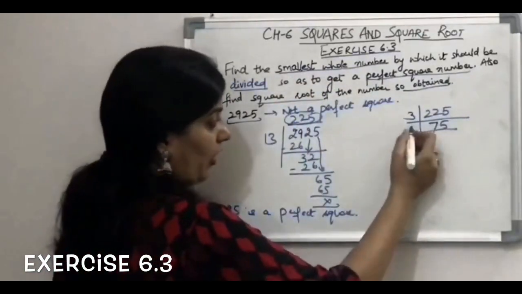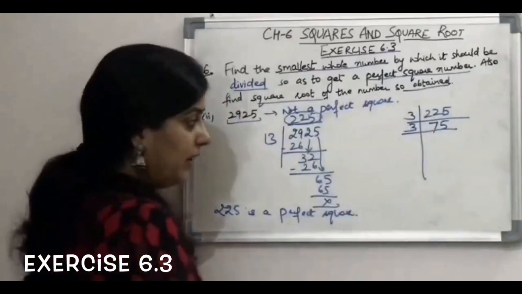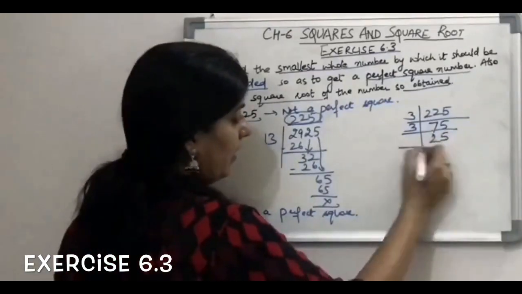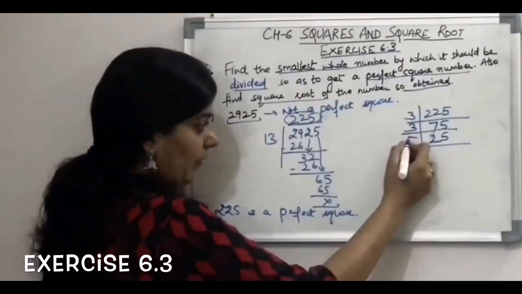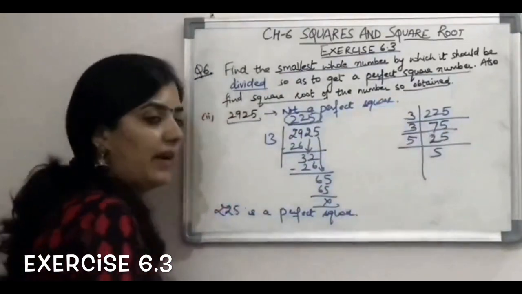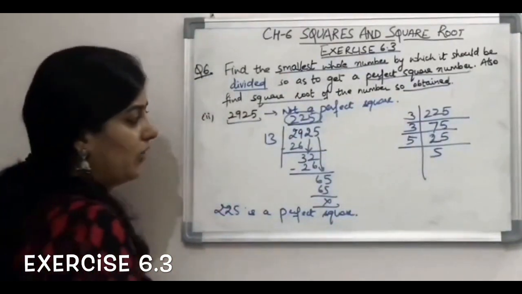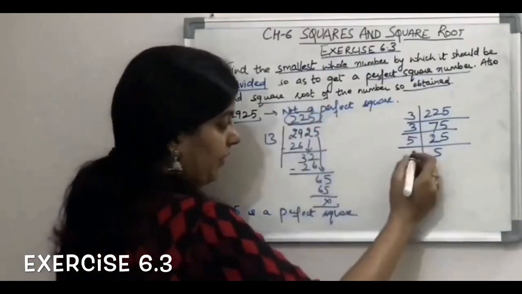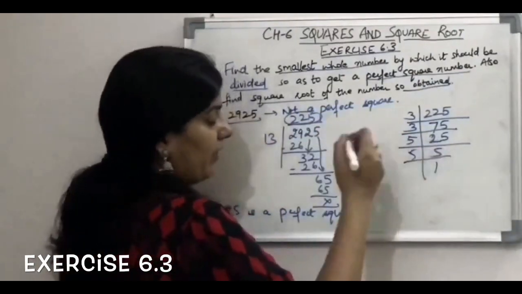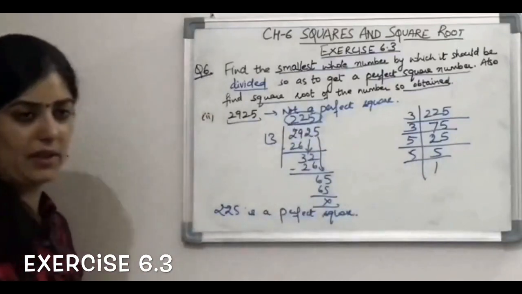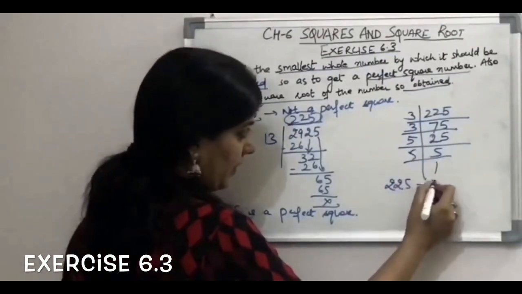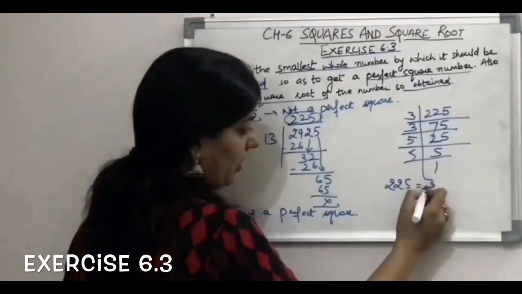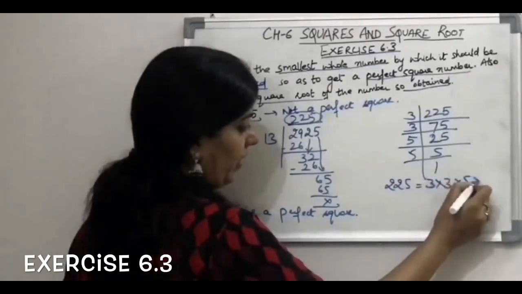Again we have got 75 here, and 7 plus 5 is 12, so it will be divisible by 3. 3 twenty-fives are 75. Now 2 plus 5 is 7, so it will not be divisible by 3. Therefore I have done it with 5. 5 fives are 25 and 5 ones are 5. So what are the factors of 225? We have got 3 into 3 into 5 into 5.